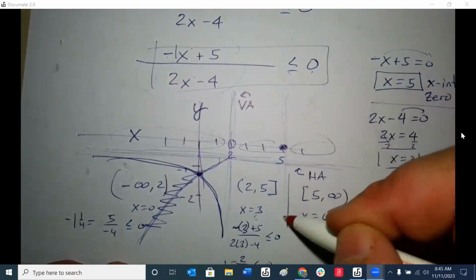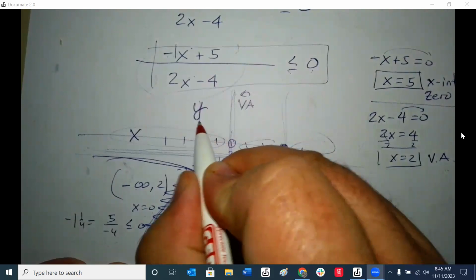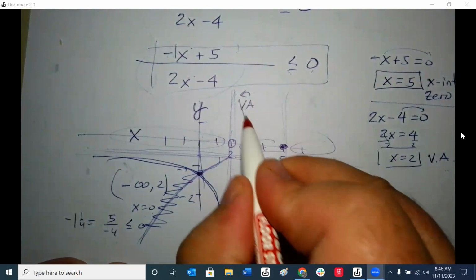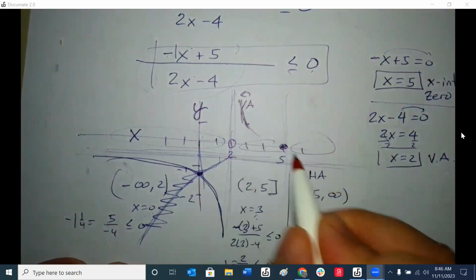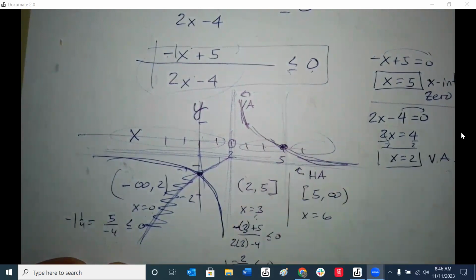And then I have another interval here. So at 3, it's 1. And it has to cross there to my horizontal asymptote. So this one fails. That means this one here is going to pass.